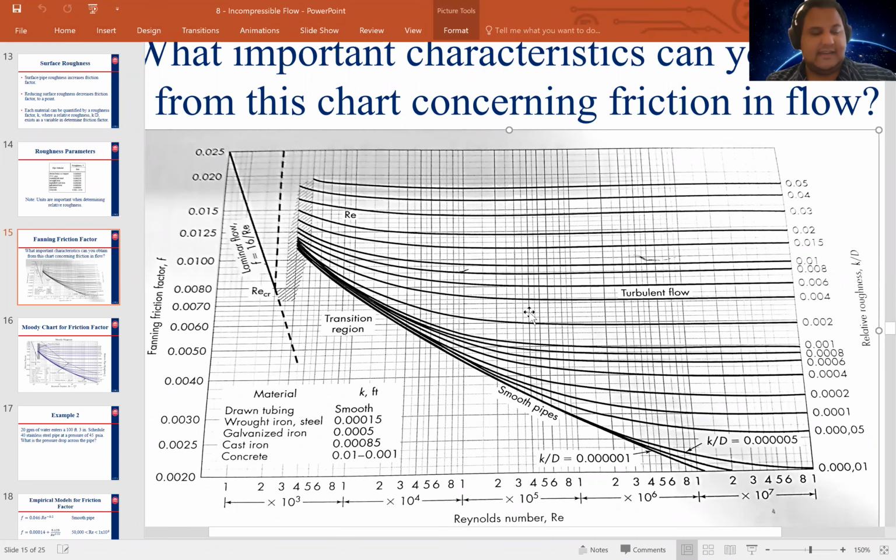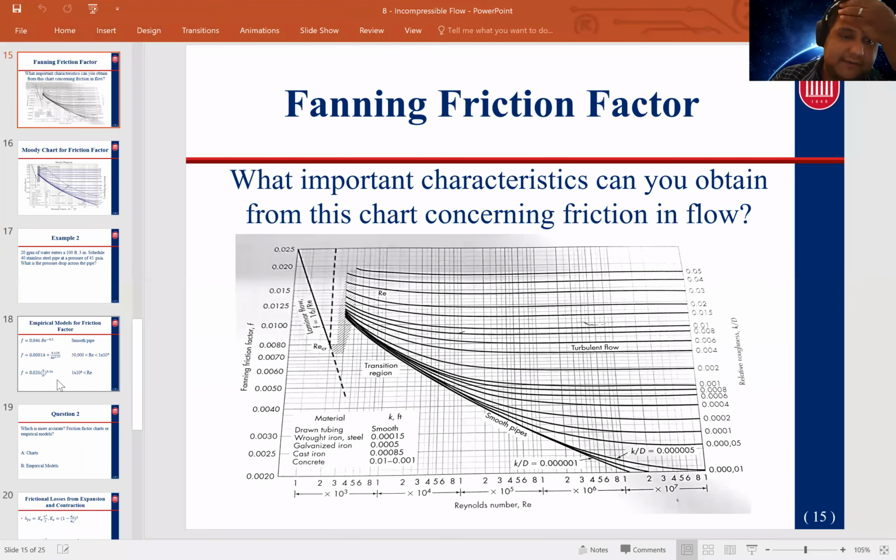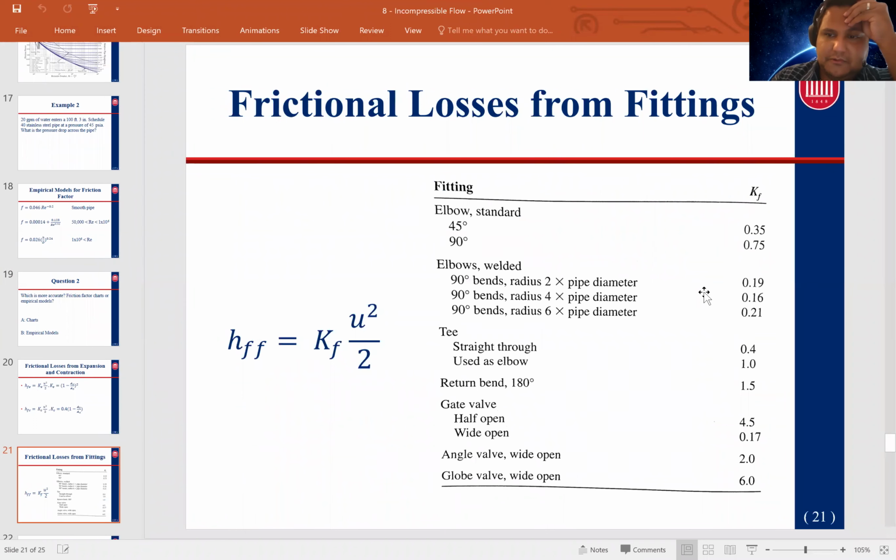And so depending on the system, in order to find losses due to fittings, all you really need to look at is the reported fitting coefficient. So for example, a 90 to 45 degree elbow is going to have a fitting coefficient of 0.35. A half open valve is going to have a fitting coefficient of 4.5.